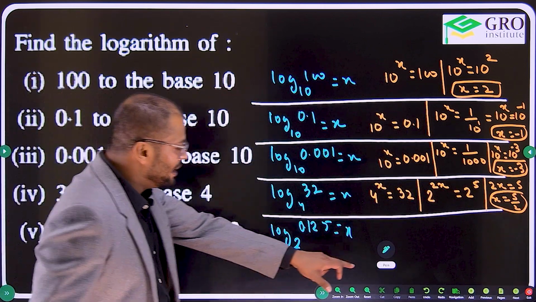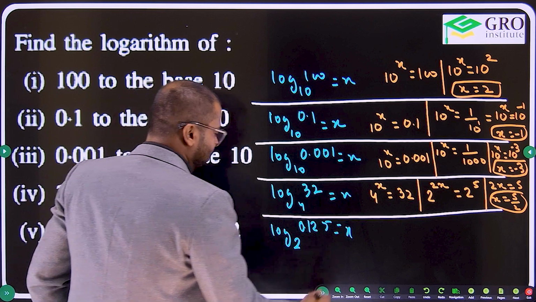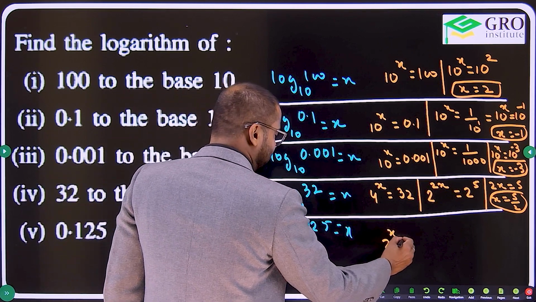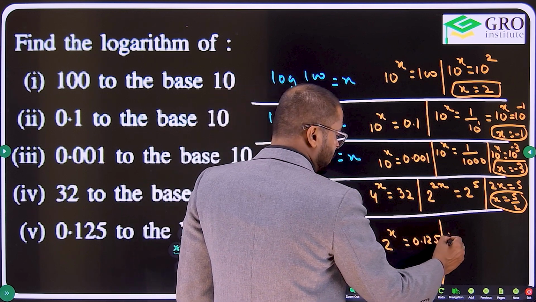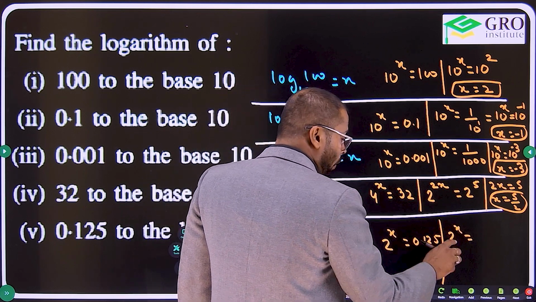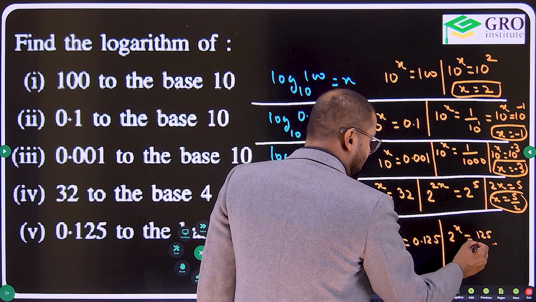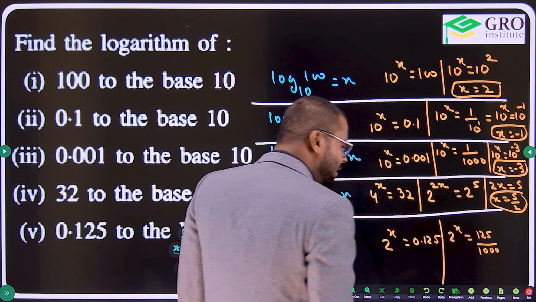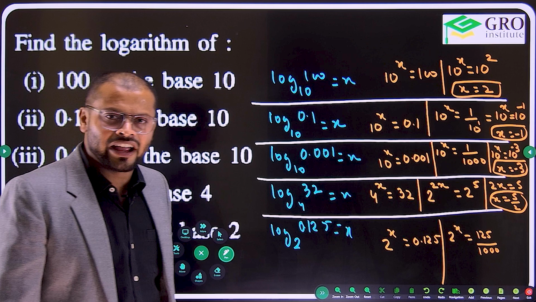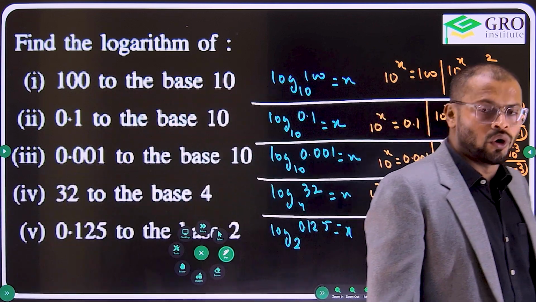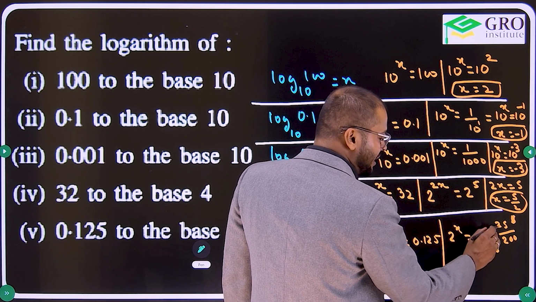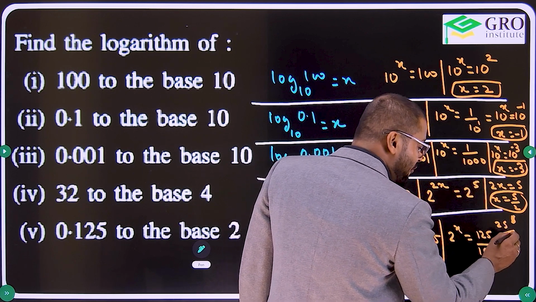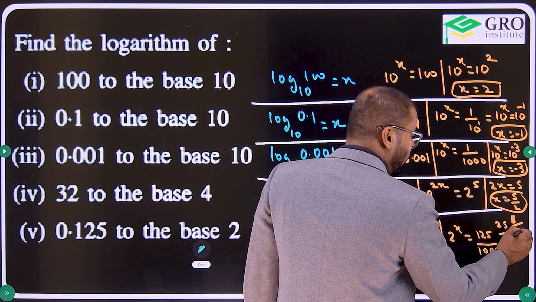And same way, now we will convert this. So 2 to the power x is equal to 0.125, and here you get 2 to the power x is equal to 125 by 1000. 125 by 1000 is written as 25 by 200, and then as 1 by 8.